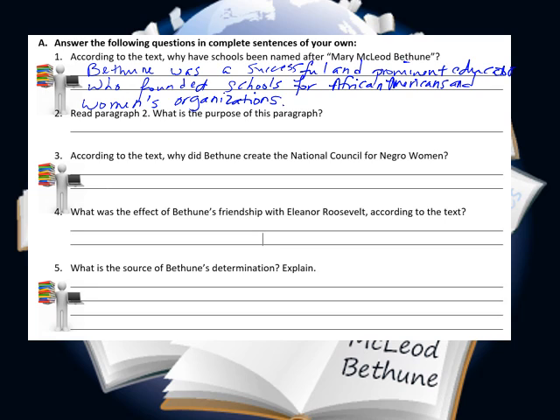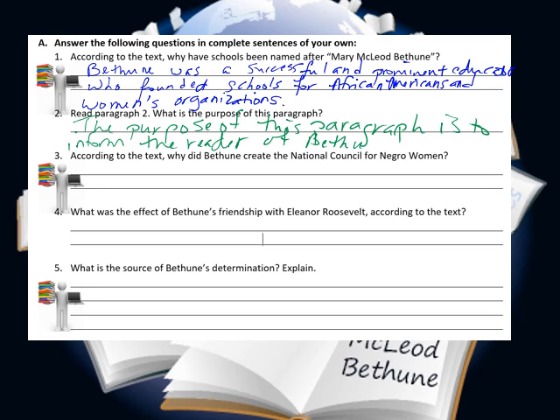Okay, so this paragraph tells us her early life, the beginning of her life, so it would be called the upbringing. So the purpose of this paragraph is to inform the reader, which is us, of Bethune's upbringing.